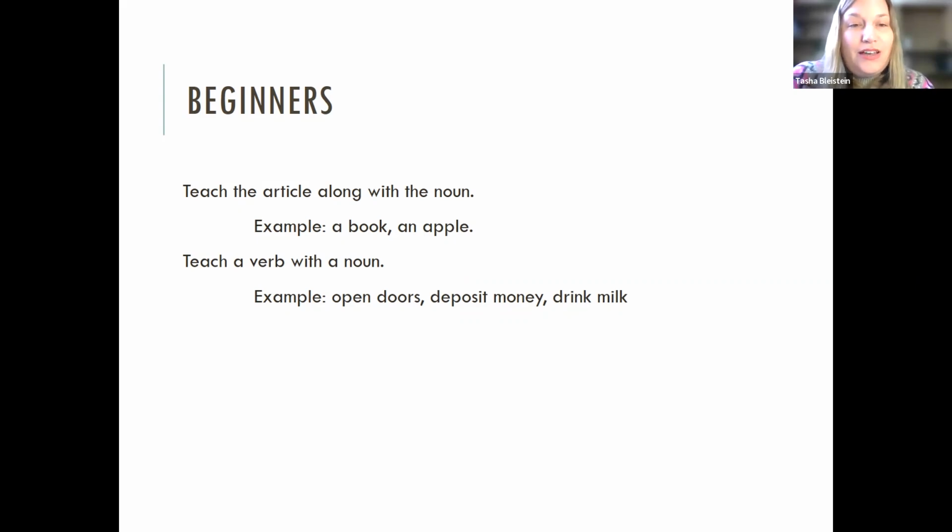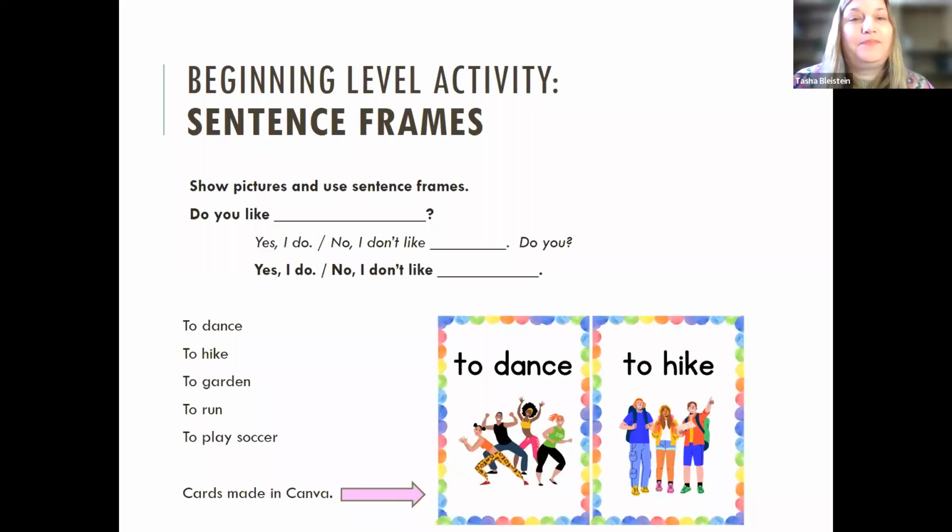You could also teach a verb when you're teaching a noun, for example, like open doors or deposit money or drink milk. These collocations, or these words that go together, will help them then to have a chunk of language that they can use, which is much more useful than just a random word.